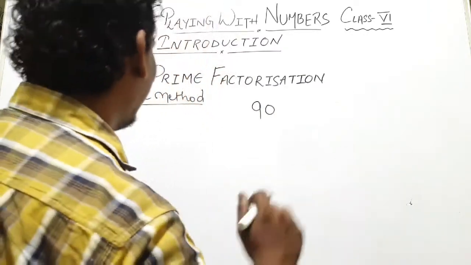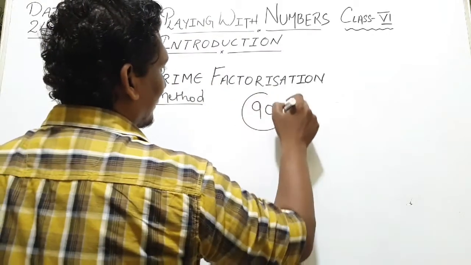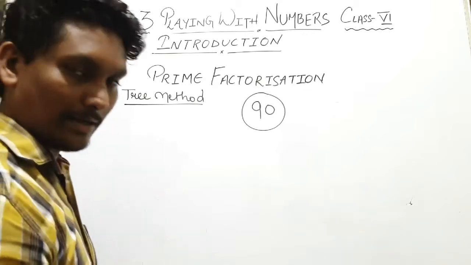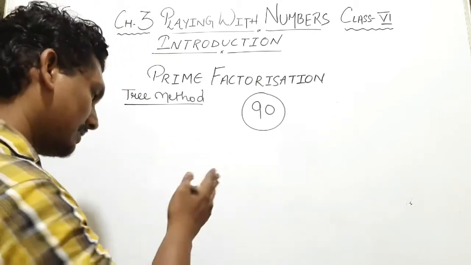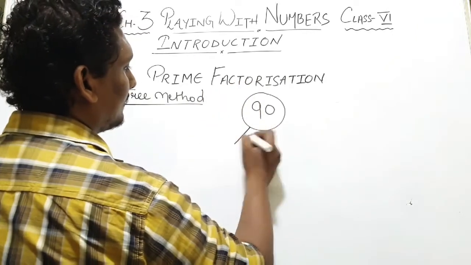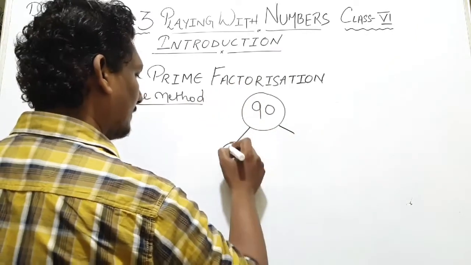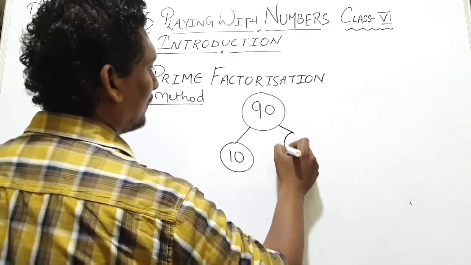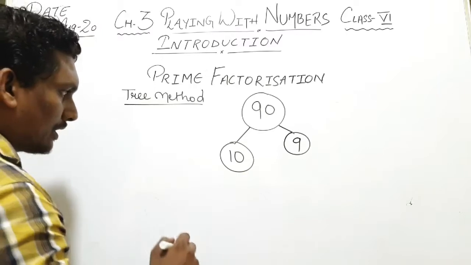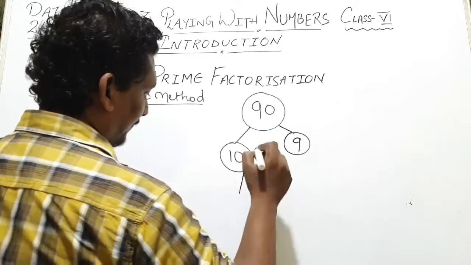Okay, so suppose I have taken the number 90. Now we are going to make a tree. Which type of tree? Just look at it. Okay, so 90 comes in the table of 10 into 9. 10 into 9 is 90. One more thing we can do, we can split this 10.